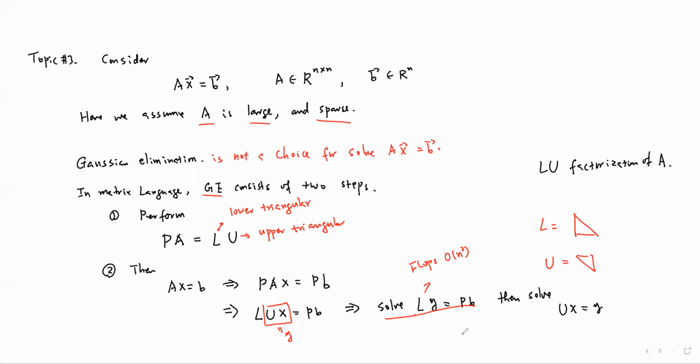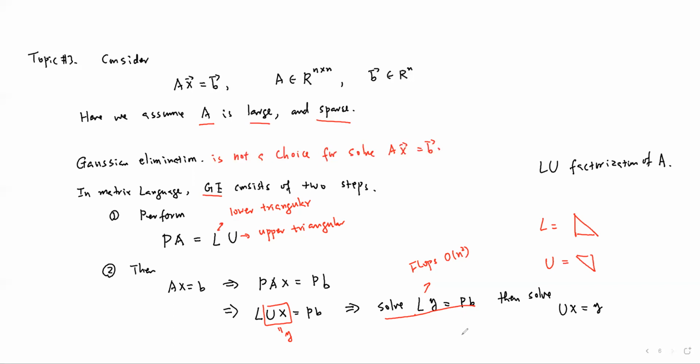Okay, it doesn't look like the solution of a linear system in linear algebra. In linear algebra, how do we solve the linear system? Form the augmented matrix, then perform elimination to transform the augmented matrix into echelon form, right?